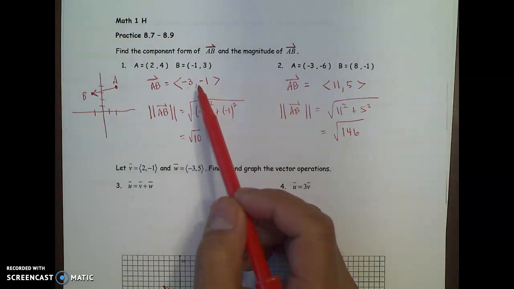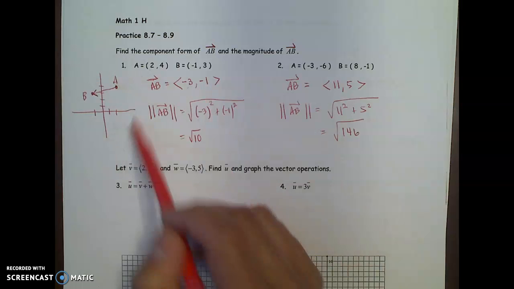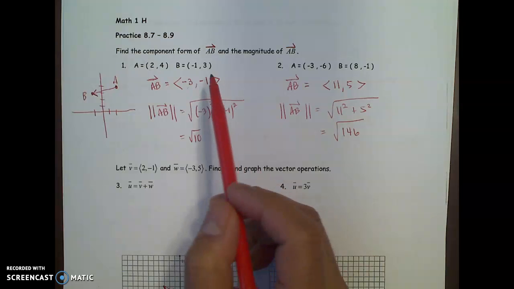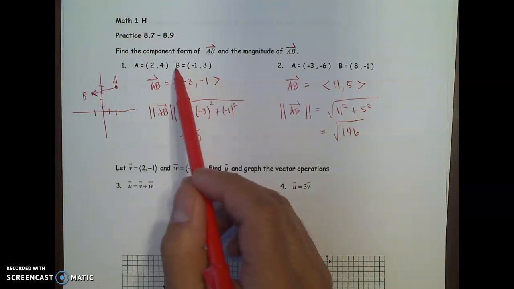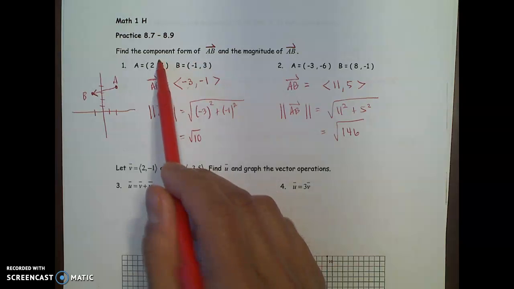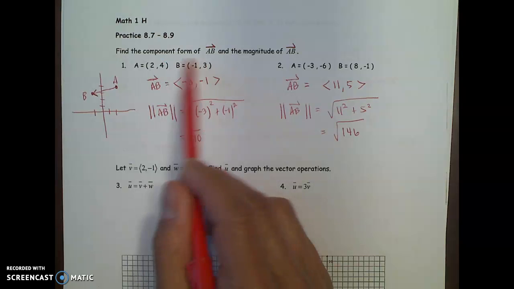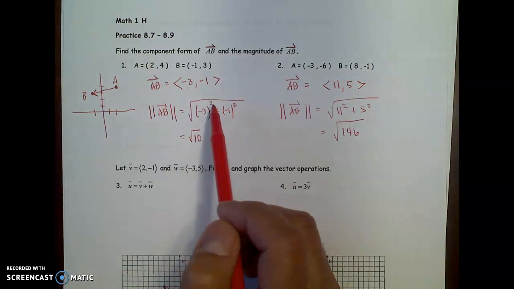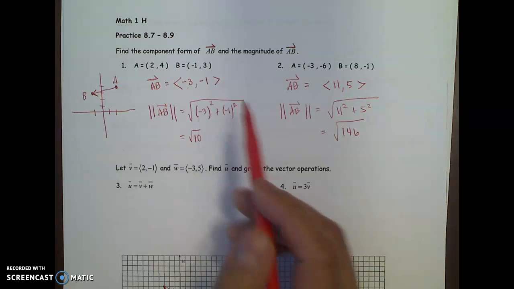Now another way you can do this, if you don't graph, especially when the numbers are higher, is to take the head ordered pair and subtract the tail ordered pair. You should get the same numbers for the horizontal and vertical components.